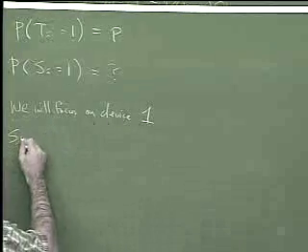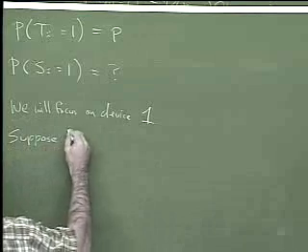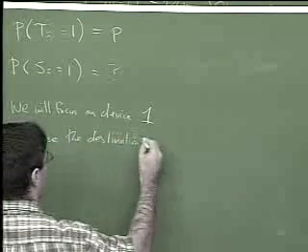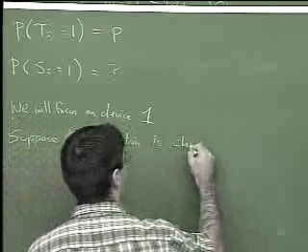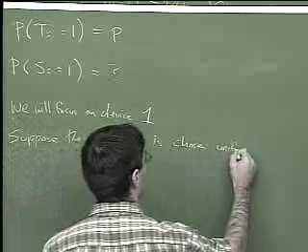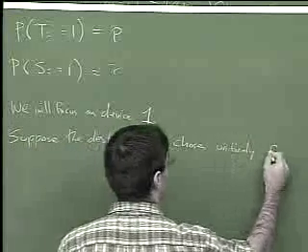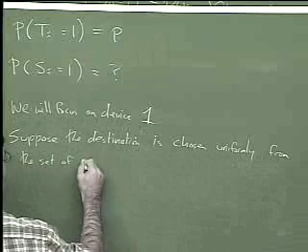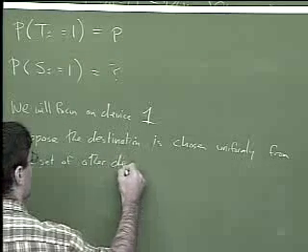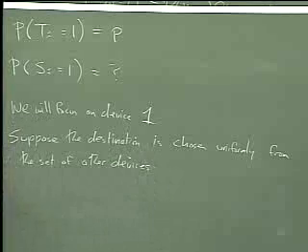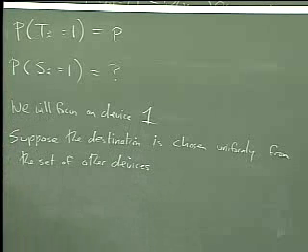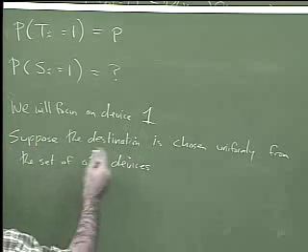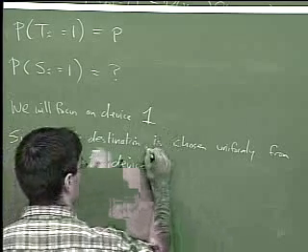Let's also say, suppose the destination is chosen uniformly from a set of other devices. Okay. So what I mean is the destination of device 1's transmission, I should say.